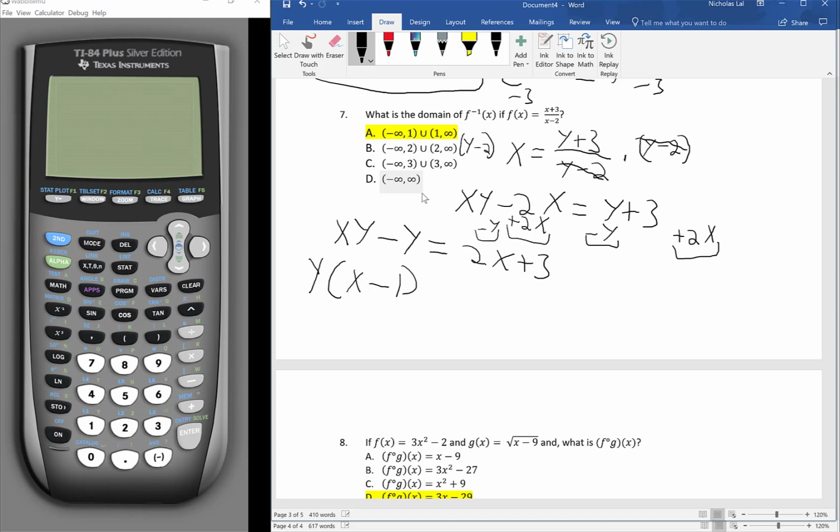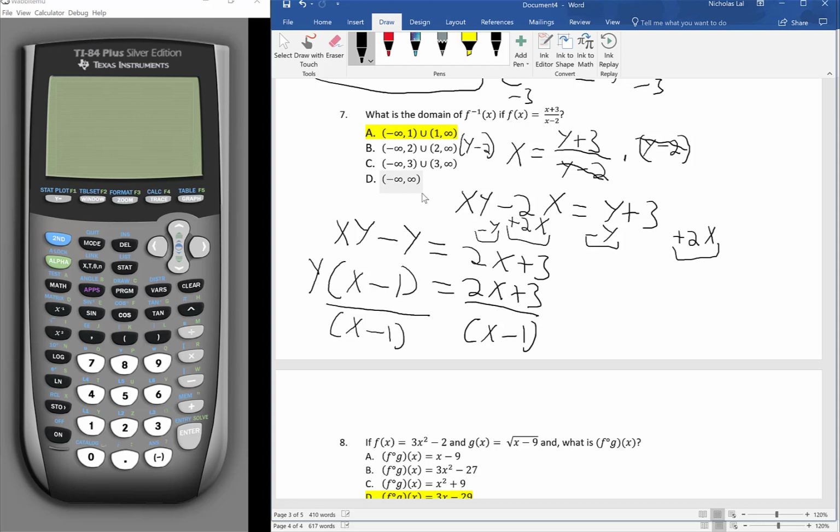So y times the x minus 1 factor is equal to 2x plus 3. Divide each side by x minus 1. And you have y is equal to 2x plus 3 over x minus 1.